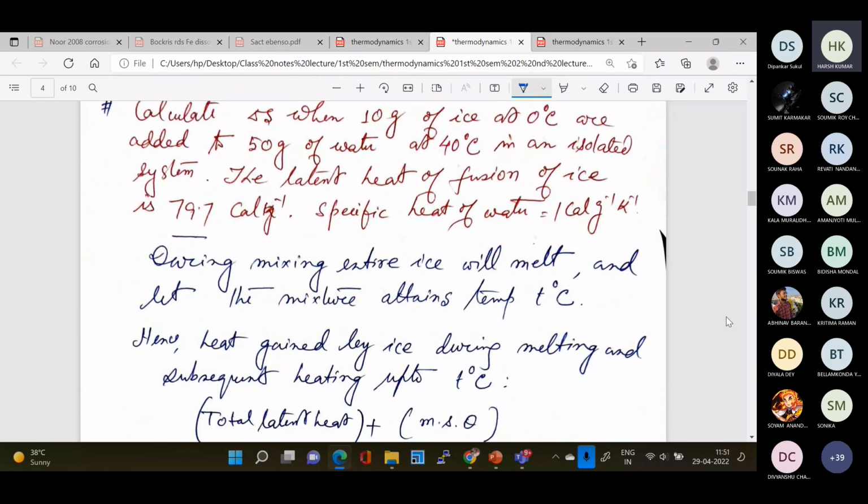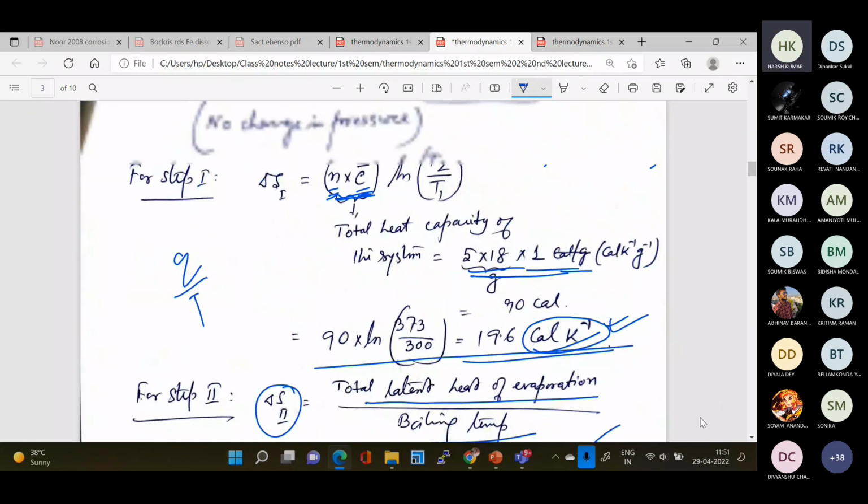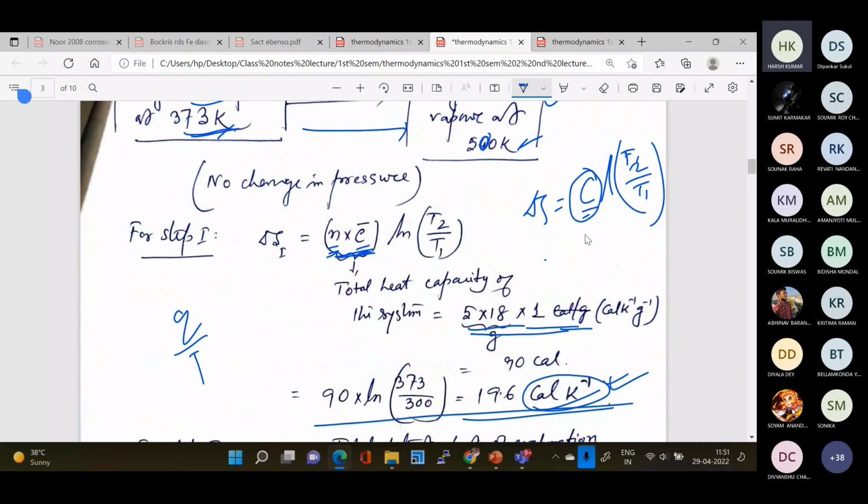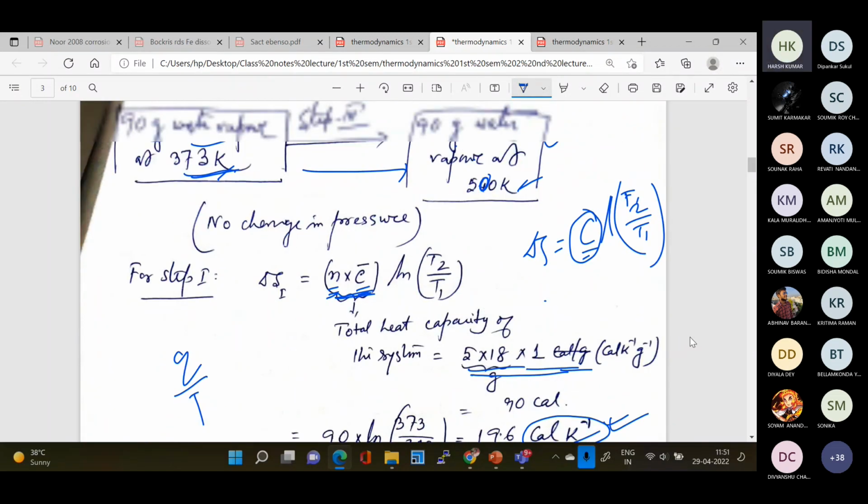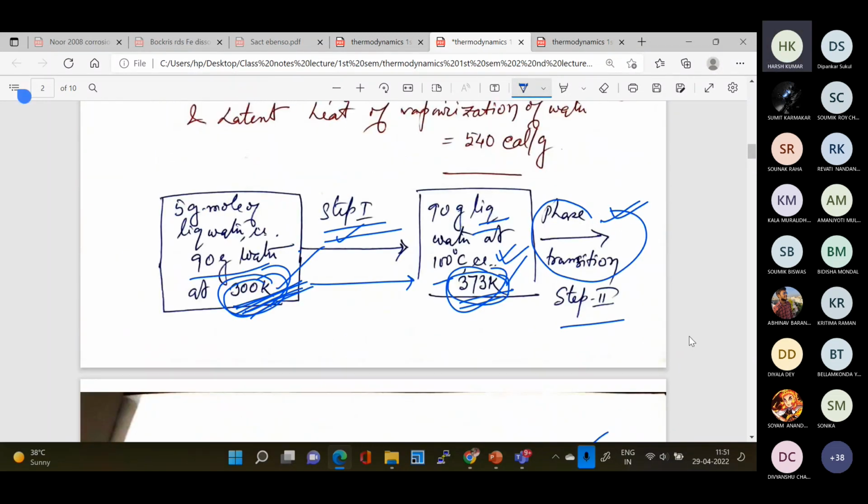Sir, one question. Tell. Sir, in step 1, our pressure is constant, but our temperature is changing. And we know PV equal to nRT, so the volume will also change. So we will not account for that entropy change here? Why, sir?